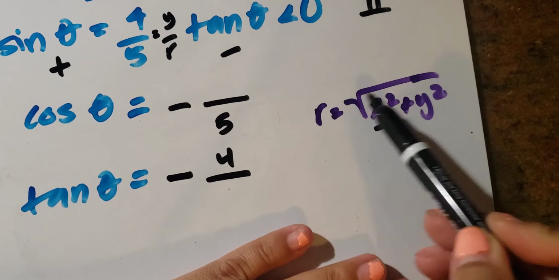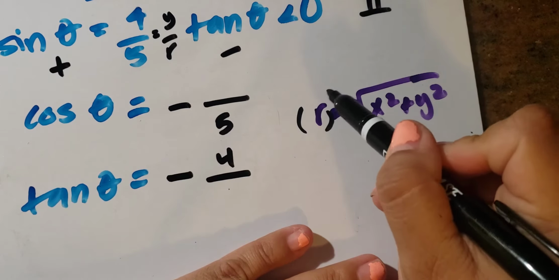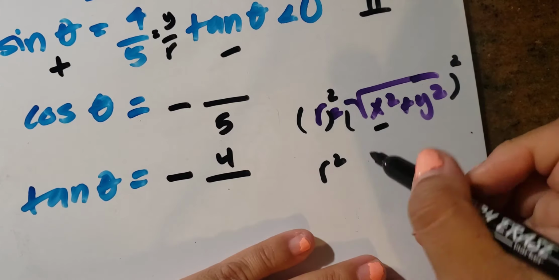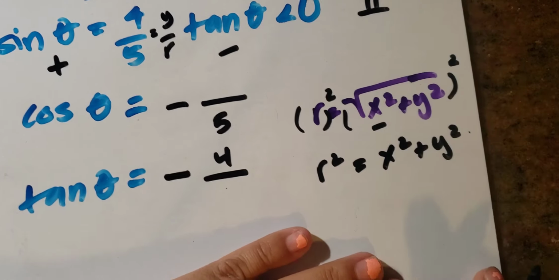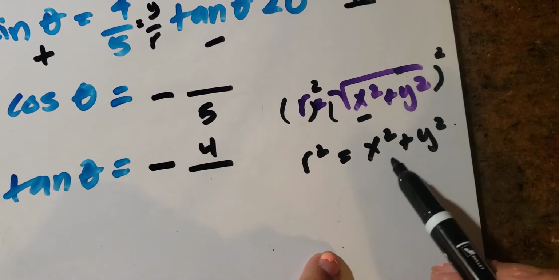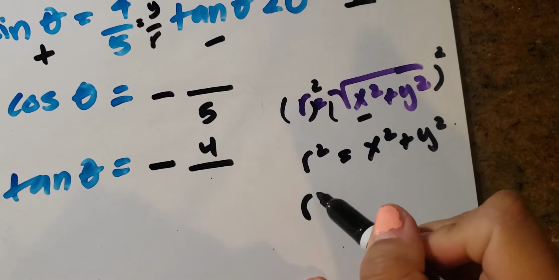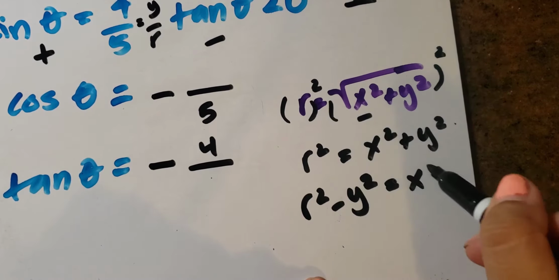So we want to get rid of the square root, so we're going to square both sides, okay? And now we're left with r squared equals x squared plus y squared, okay? And then since we want to solve for x squared, we're going to subtract y squared from both sides. So now we're left with r squared minus y squared equals x squared.